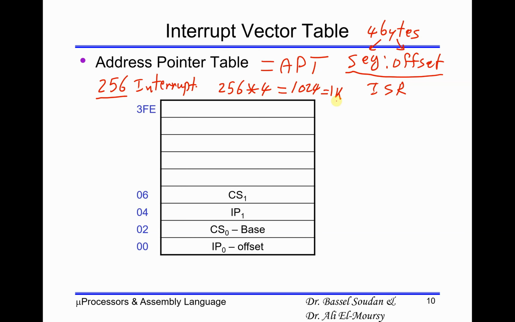A 1K memory has addresses of how many bits? Exactly 10 bits, which are the 10 bits shown here. 10 bits means 2 hexa digits plus 2 bits. So the addresses on the address pointer table start from 000 in hexa and go to 3FF in hexa.